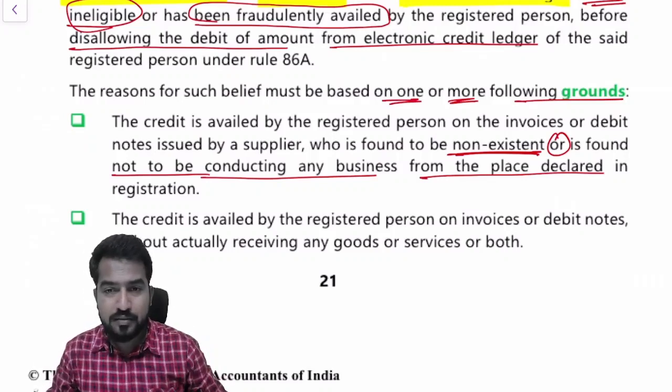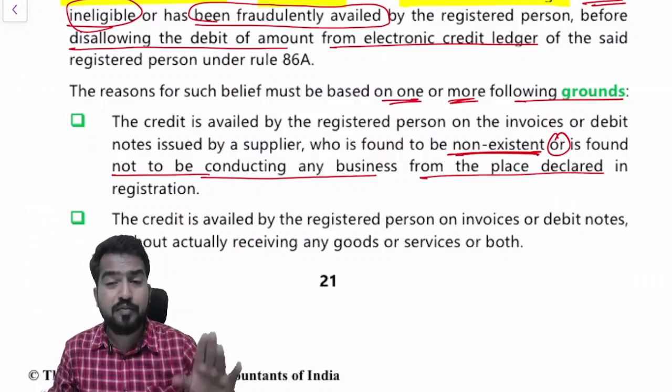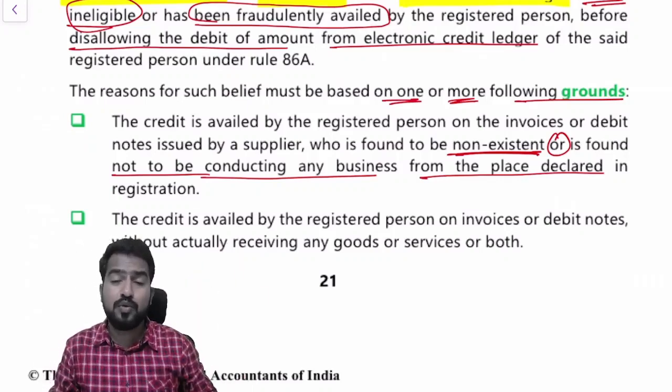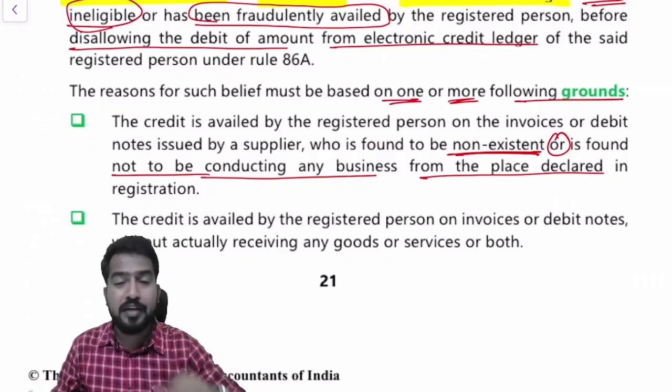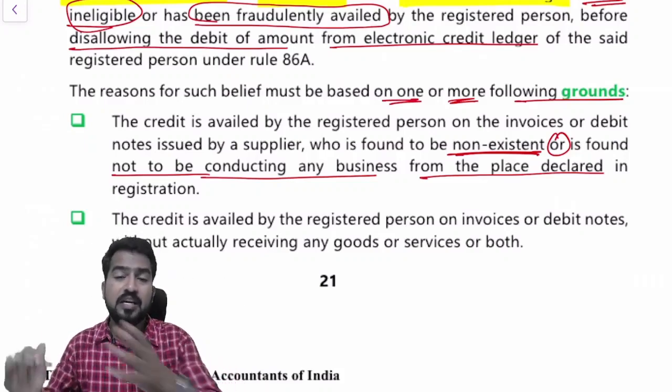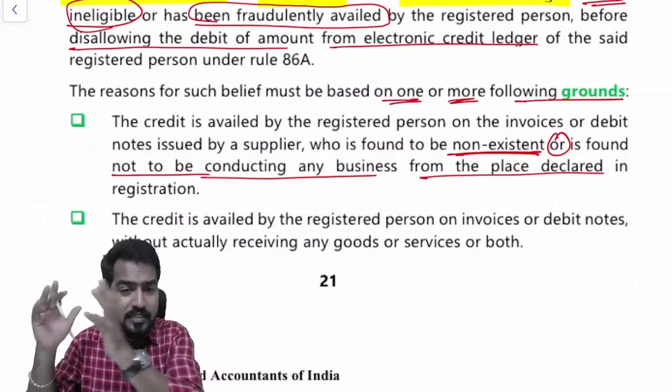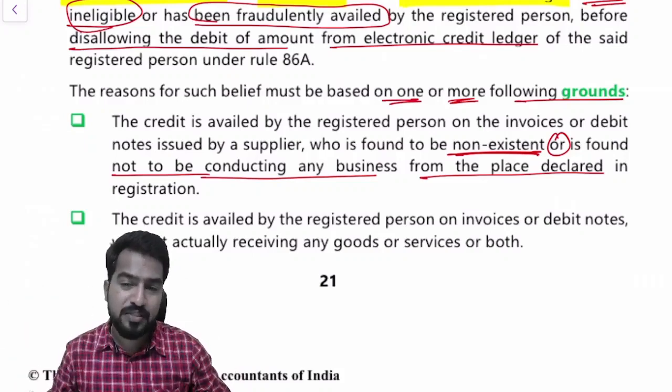That is one case. Either that fellow from whom you claim to have purchased goods is not existing, or he is not carrying on the business from the place he declared in his registration application. Like that, he has declared a place, and from that place he is not doing the business.